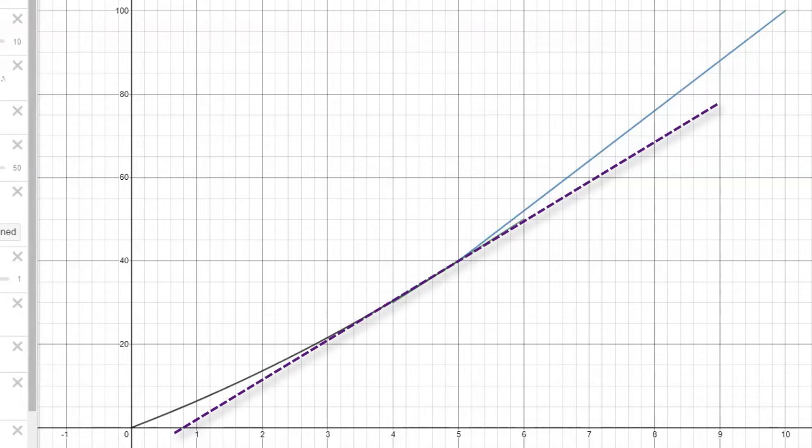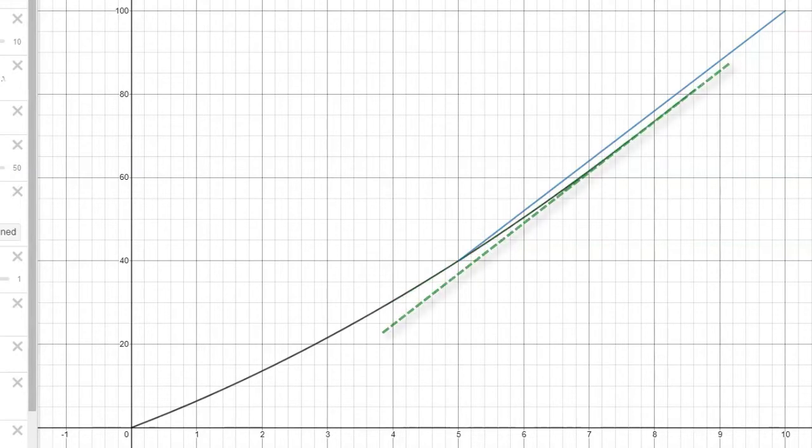It's less than 12 meters per second. But that rate of change is ever increasing until maybe right about in there. And what I'm focusing on is how the green line representing the instantaneous rate of change is parallel to the blue line representing the average rate of change, thus having the same rate of change. So it appears as though that happens right around the 7-second mark.